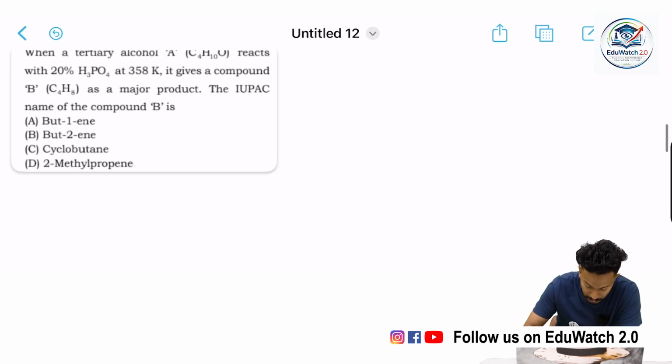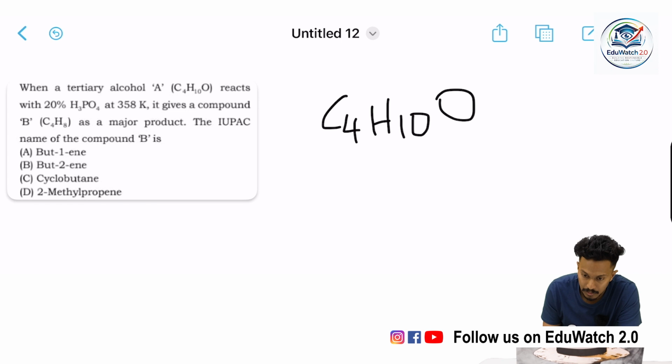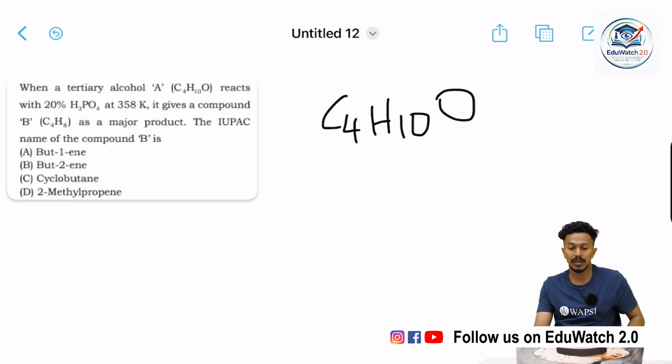Well, the compound is C4H10O. This C4H10O reacts with 20% orthophosphoric acid. Only alcohols can form alkenes, double bond compounds, in the presence of orthophosphoric acid.